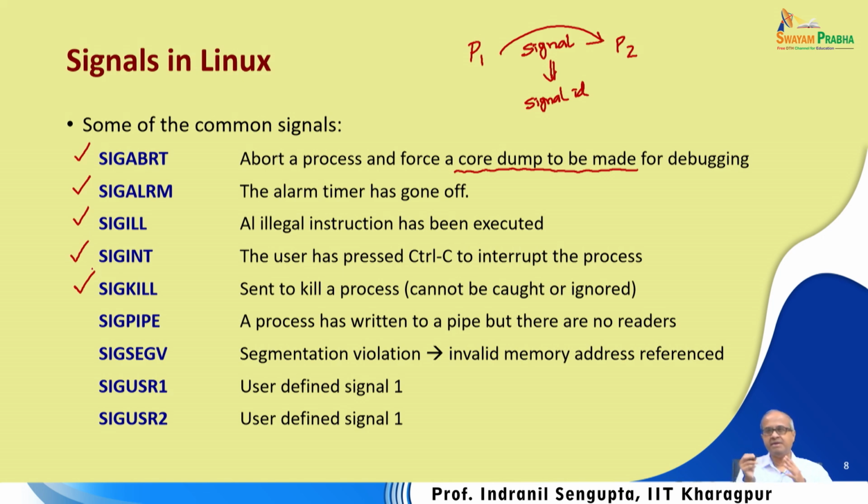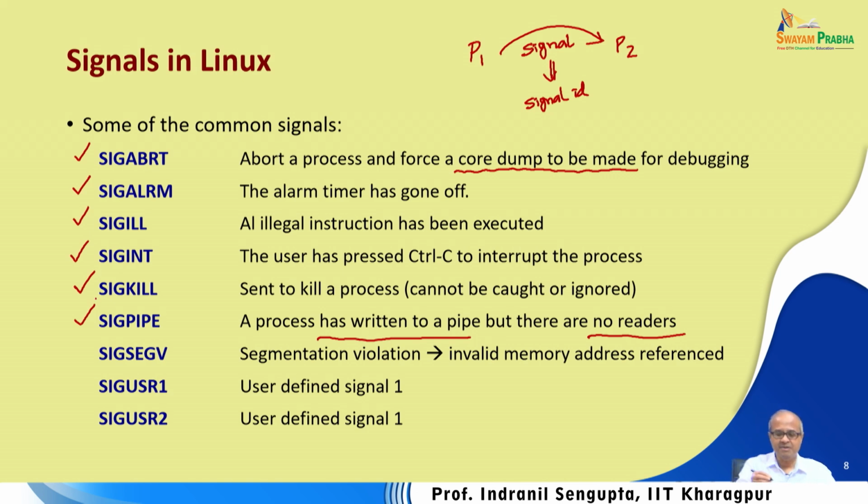Then we discussed pipe earlier for inter-process communication. Suppose a process has written something into a pipe, but on the other side there is no other process which is reading from that pipe. That will generate a SIGPIPE signal. Again, in a program where you are using pointers, pointers meaning memory addresses, due to some error in the program, maybe your pointer calculation has gone wrong, you are trying to access an invalid memory area, which is outside your process address space.